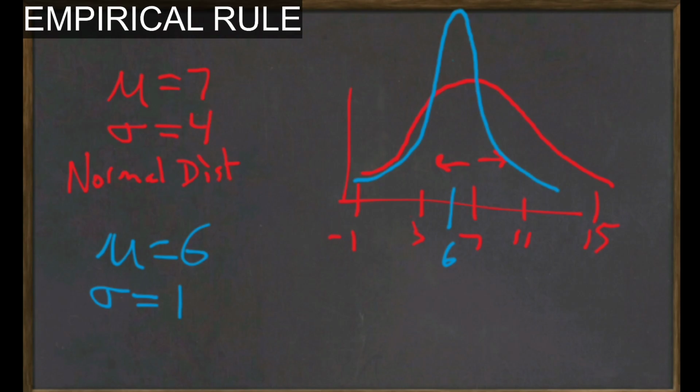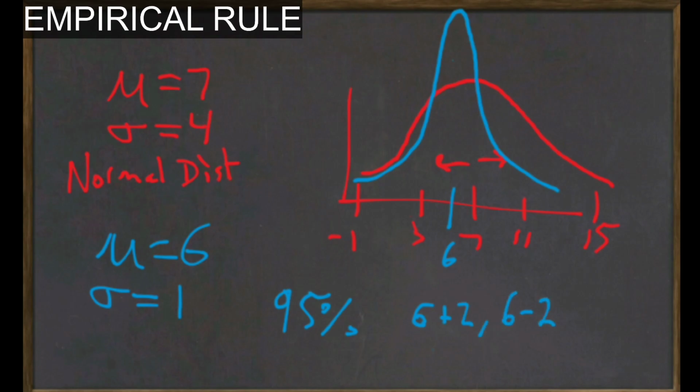And so just describing something with the mean and the standard deviation of normal distributions gives us a good feel for the data, and we can be more specific and say 95% of our observations are between, that would be 6 plus 2 and 6 minus 2.